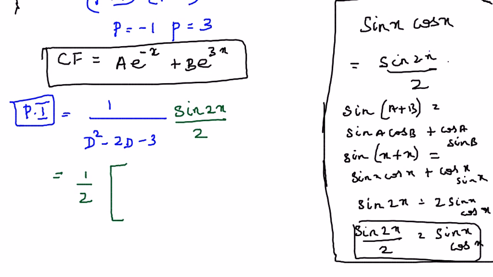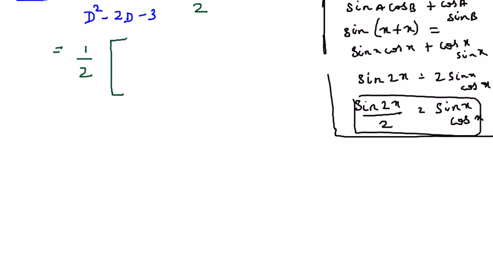Okay, now I'll take the 1 by 2 common outside, and now when you have sin 2x, or sin ax for that matter, always remember this formula, right? So if the function is sine ax, as in our case here, your function will be of minus a squared into sine ax, right?